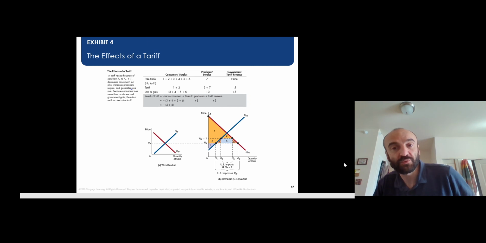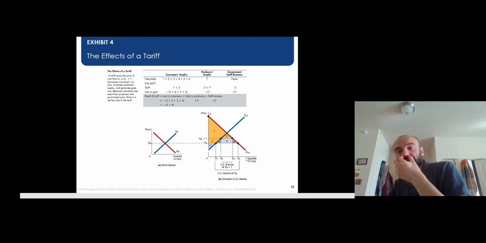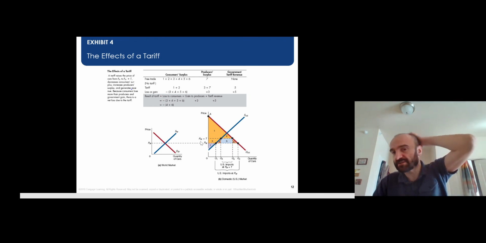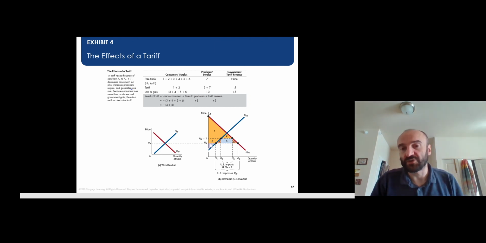You can guess that would be the world price. American firms cannot dictate, because in America it's free to sell steel or cars, and if there are no tariffs, the foreign producers would ship at just the world price plus transportation costs. So it's very likely that in America steel would be sold at the world price, which is, as you can see, much lower than the domestic price in the absence of any trade with foreign countries.